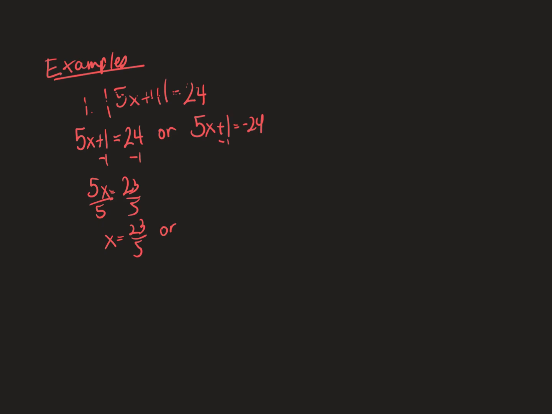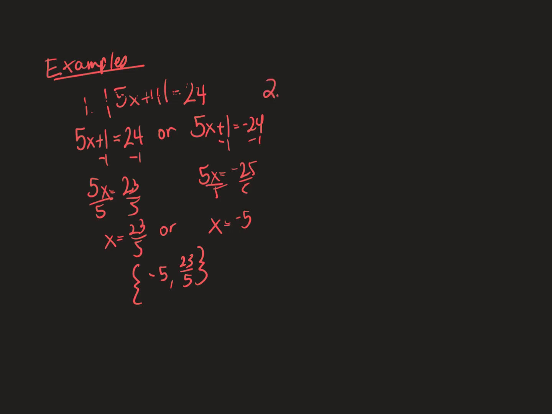Or solve this one. 5x equals negative 25. Divide by 5. X equals negative 5. And we could check these for extraneous solutions, but I do know that both of these answers work. So I'll put negative 5 and 23 over 5. I'll show you where it's absolutely necessary that you check for those extraneous solutions.